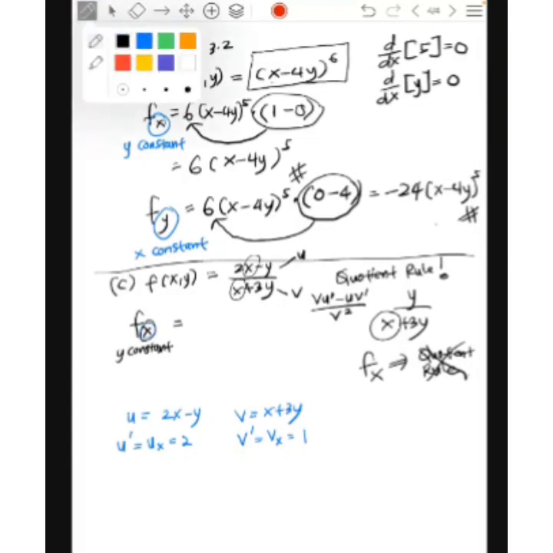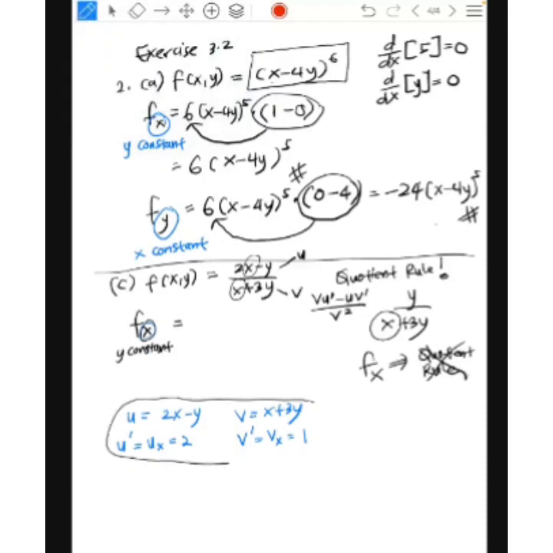So I just substitute this into this formula. V is x plus 3y, U prime is 2, minus U is 2x minus y, V prime is 1, over x plus 3y squared.